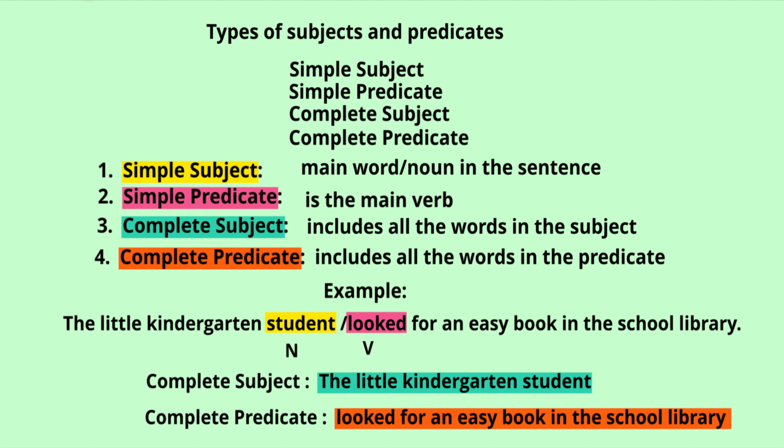So what you have to remember is the words before the verb, including the noun, will be the complete subject, and the words after the verb, including the verb, will be the complete predicate. Got it?